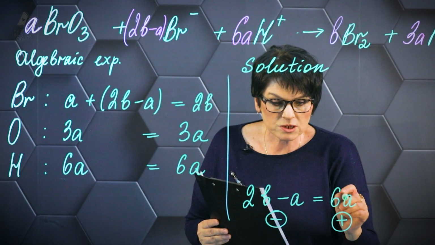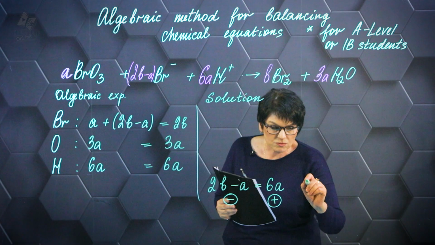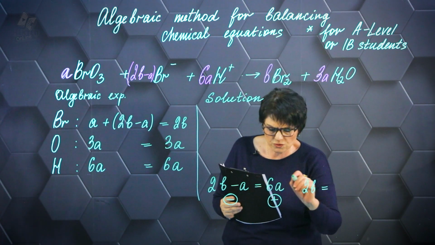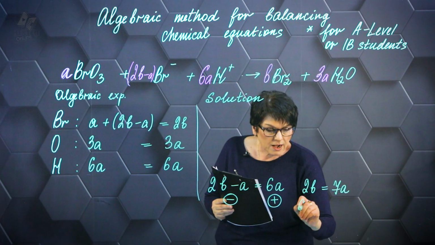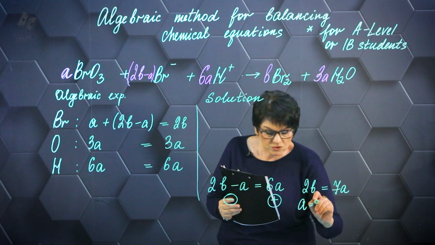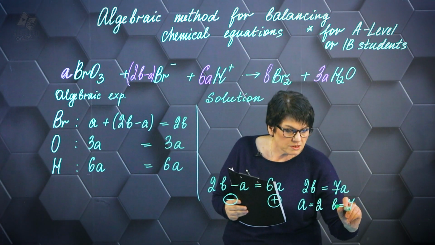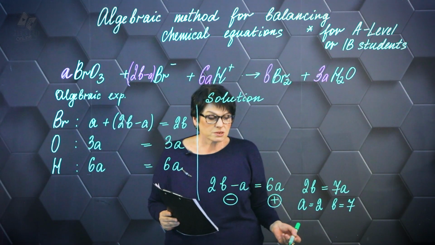And then we solve this equation, and we get that A will be equal to 2 and B will be equal to 7. Here we have got the values of these numbers. Let's put them then into the obtained coefficients. A is 2, so we'll put the coefficient 2 here.